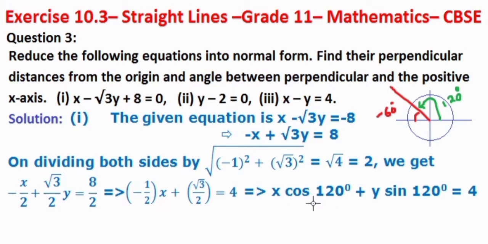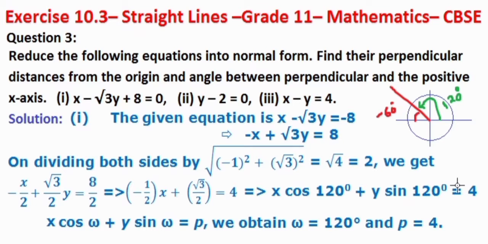So x cos 120 degrees plus y sin 120 degrees, because here they ask from the positive x-axis, and positive means anti-clockwise direction. So the equation is x cos 120 degrees plus y sin 120 degrees equal to 4. Here 120 degrees stands for omega, that is the angle they are asking. Omega equal to 120 degrees and the perpendicular distance p equal to 4. Okay, hope you understand.